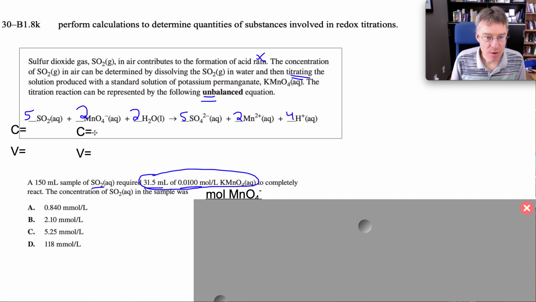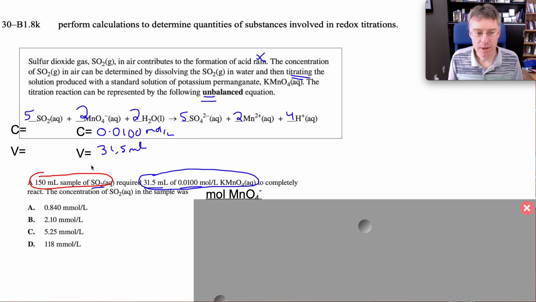So that's our MnO4, so our concentration is 0.10. Now there was 150 mL of SO2.